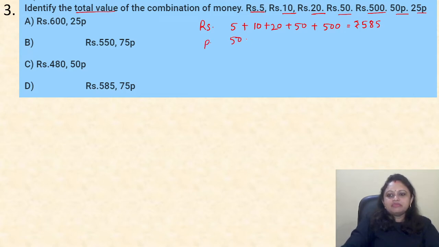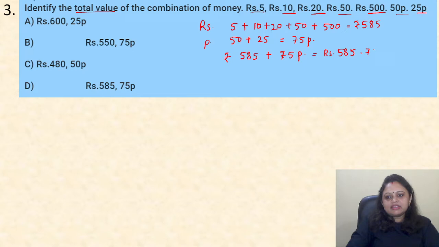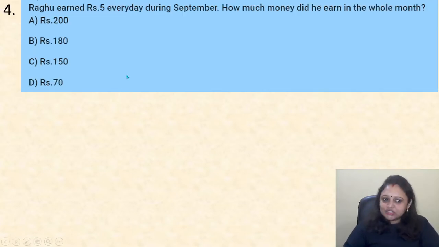What is the paisa? 50 paisa plus 25 paisa, that is equal to 75 paisa. So rupees 585 plus 75 paisa will be 585 rupees 75 paisa. Okay, and it is present in option D. That's why the correct answer is option D. Got it? Coming to the next question.